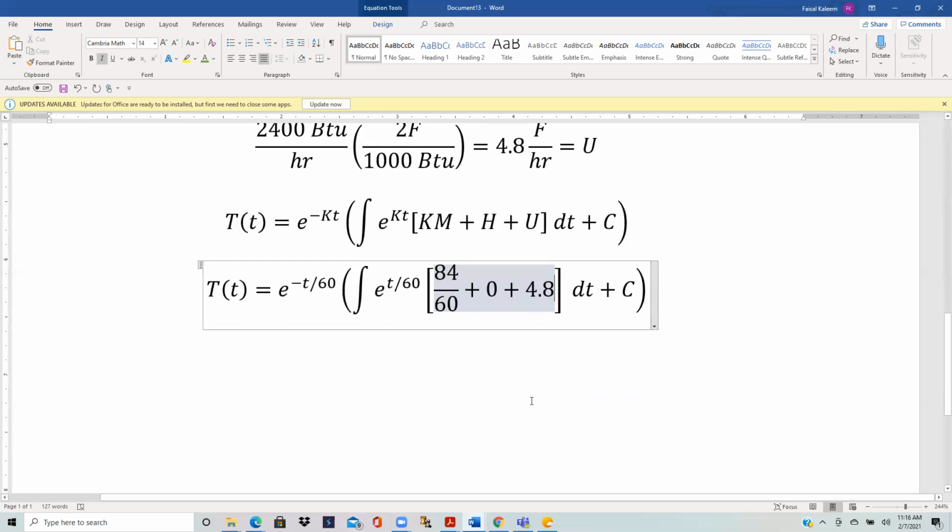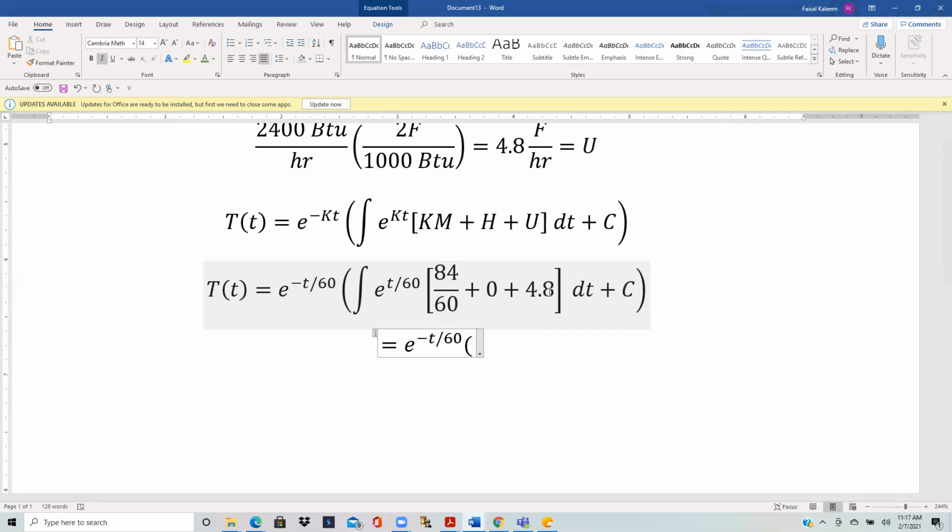Okay, so now here 84 over 60 plus 4.8. So let's see how much this will be. This is 1.4. 1.4 plus 4.8 is 6.2. So that 6.2 is a constant.